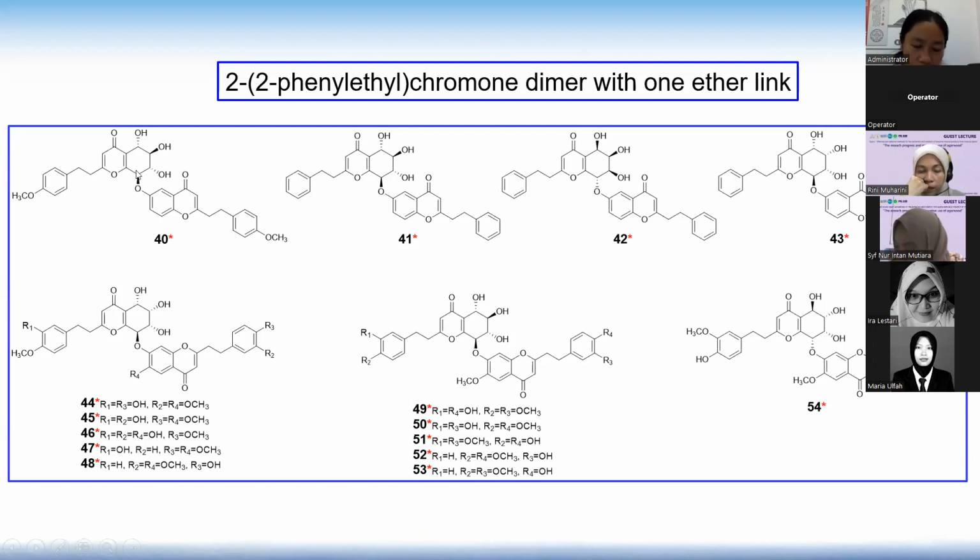Here, this one is tetrahydro, but this one is a normal 2-(2-phenylethyl)chromone. Actually, this type of compound is very, very difficult to isolate. Only HPLC can separate them, and it has to be repeated many times.